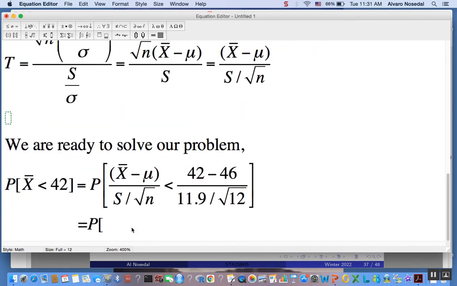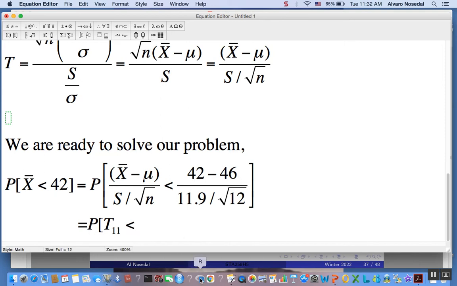Okay, so it's the same as trying to find the probability that a t distribution with 11 degrees of freedom, another way of writing that down is using a subscript, is less than this guy here.